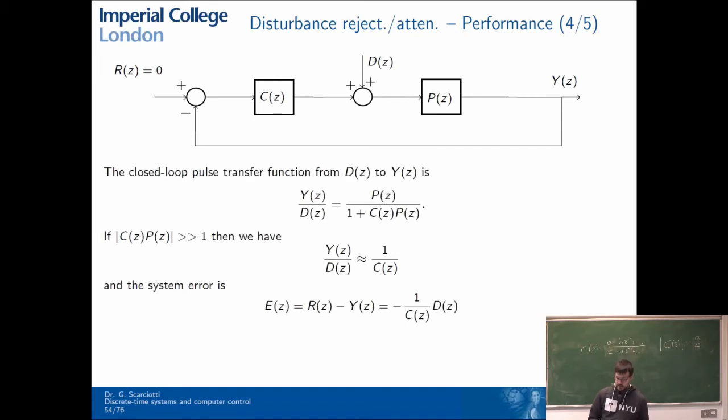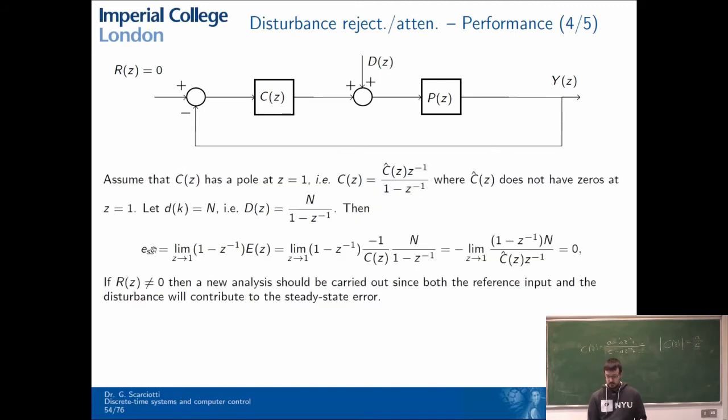Basically, if we have a scheme like this, with this disturbance entering between the controller and the plant, if the gain of c times p is very large, and the controller has at least one pole at z equal to 1, then the steady state error due to the disturbance is 0.